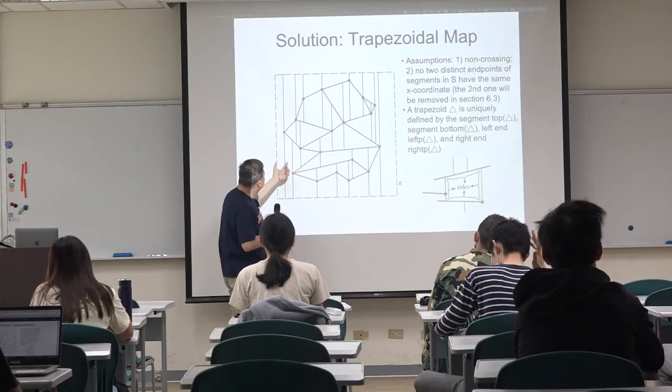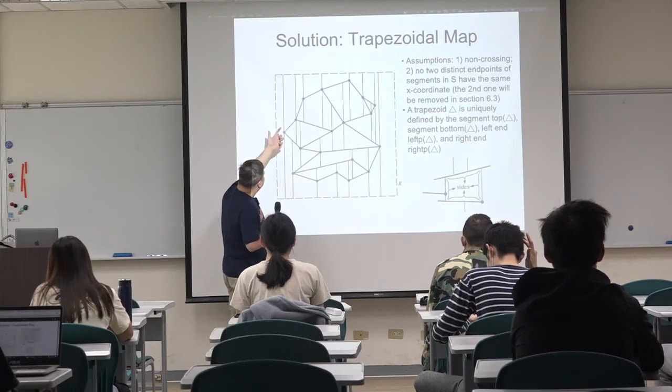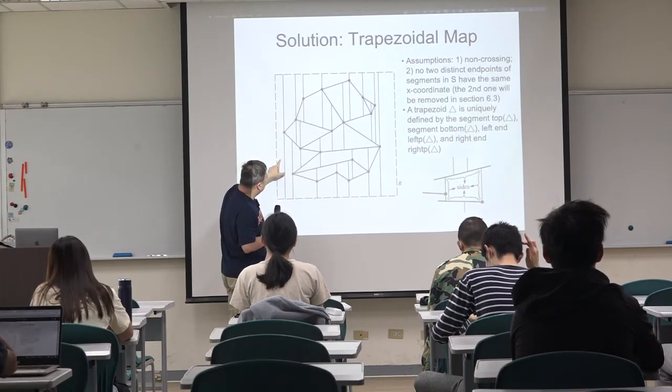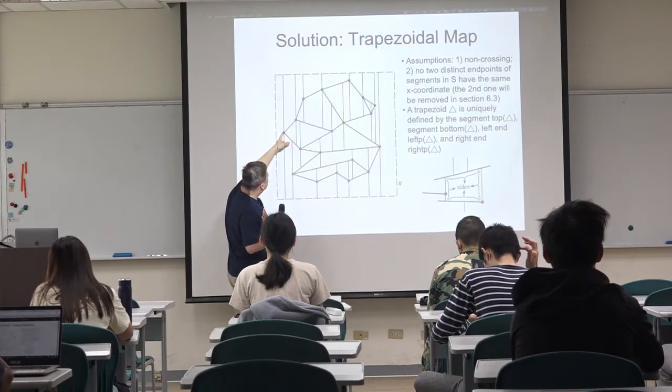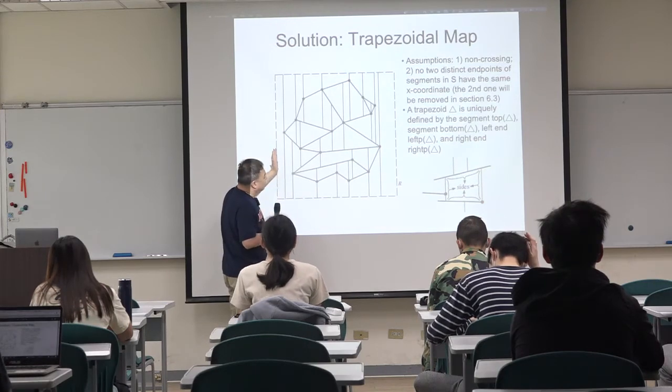Those segments still contribute the top and the bottom of this trapezoid, and you can see the point for the right side, but there is no point on the left side.